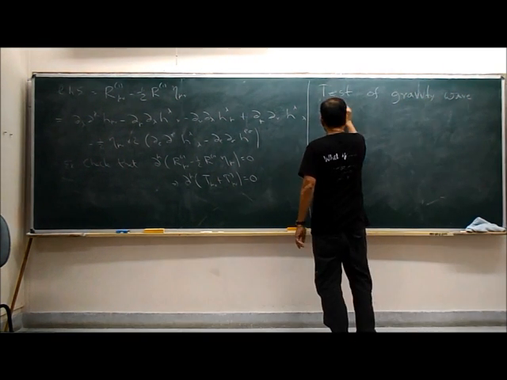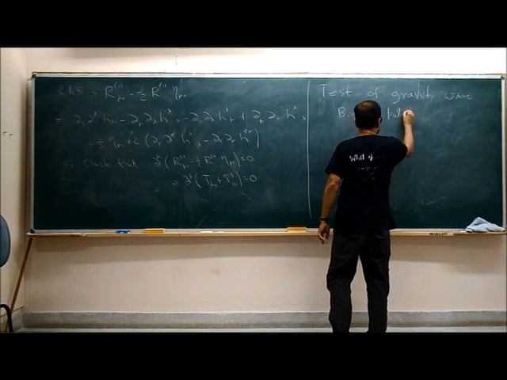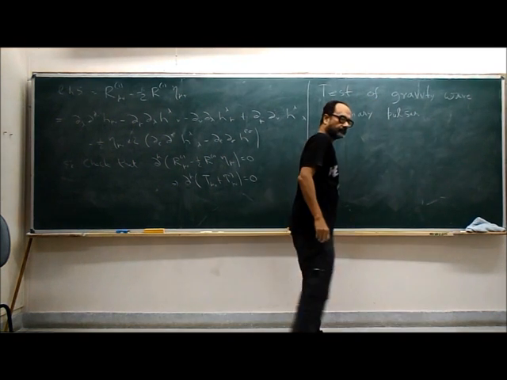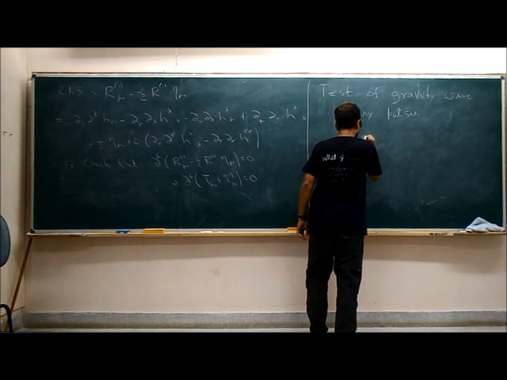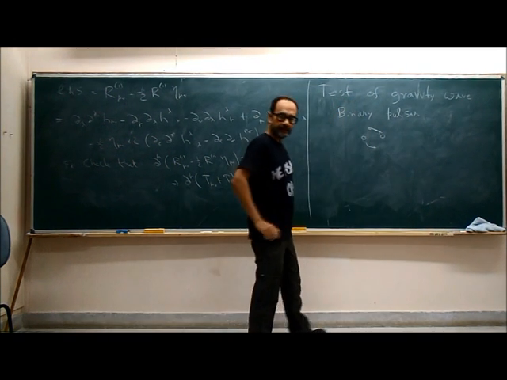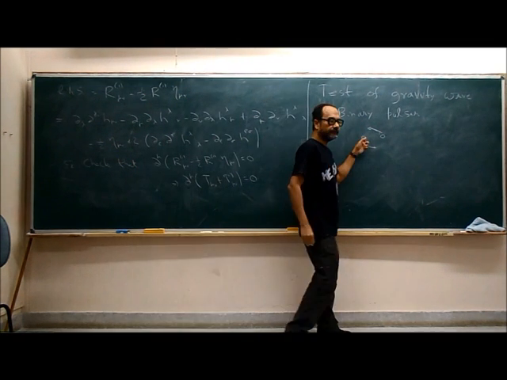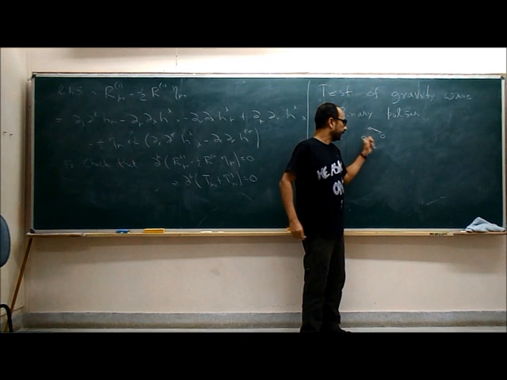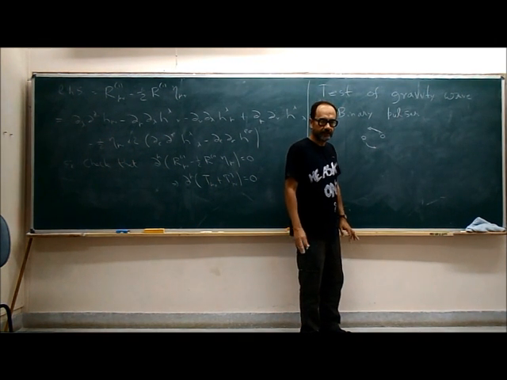This involves what is called the binary pulsar. The binary pulsar essentially is a system of two close by stars which are orbiting around each other, and one of them emits electromagnetic waves from some internal process, which you don't need to worry about, but it continuously emits electromagnetic waves.